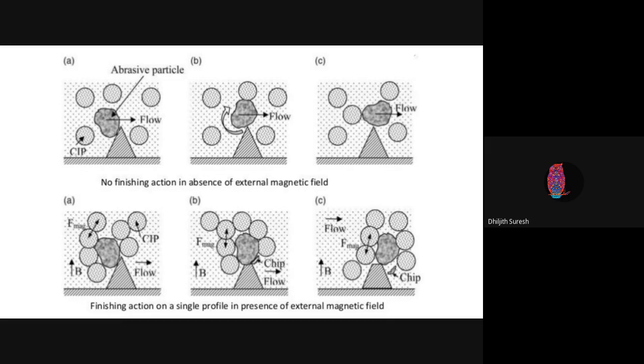So it will be entrapped. While moving, it will break the material, or erode the structure. You can see here in the B portion, it is being eroded, and the chip will be flowing. So this is the basic mechanism behind the magnetorheological abrasive flow finishing.